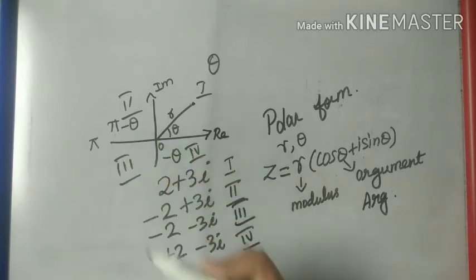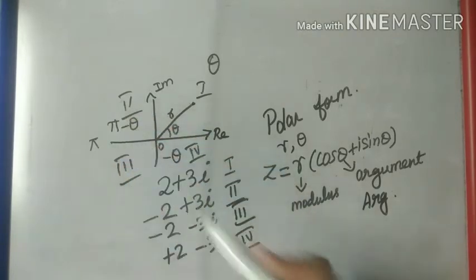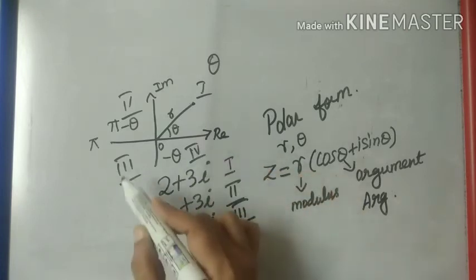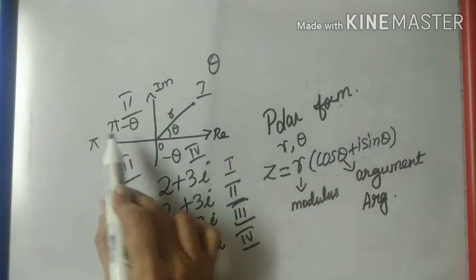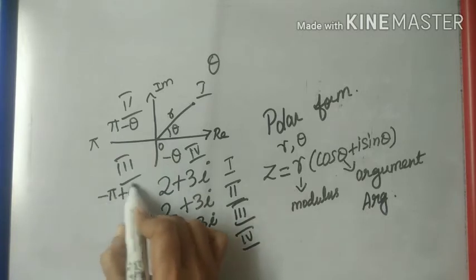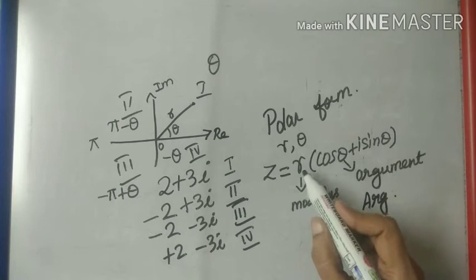Instead, change the symbol, because if I am in 1 and 2, I go in the anti-clockwise direction. If I am in 4 and 3, I go in the clockwise direction. So this is pi minus theta, means this will be the negative of it. Minus pi plus theta.